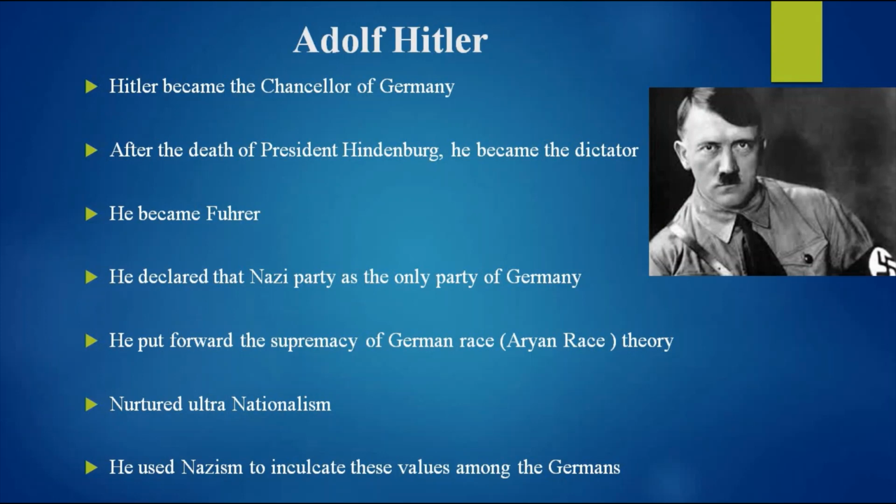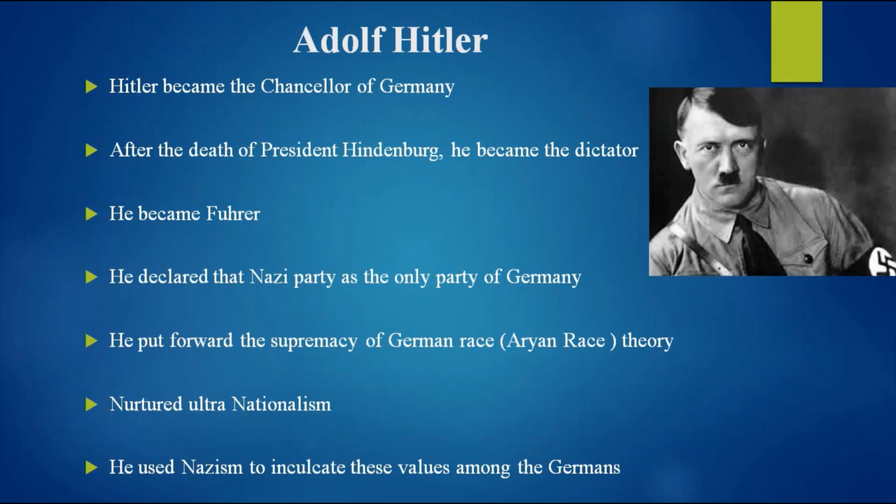In the Treaty of Versailles, as I told, the humiliating treaty, the German army was restricted to only 1 lakh. The number was reduced to 1 lakh. So at that time Hitler lost. He came out. He could not continue in the army.